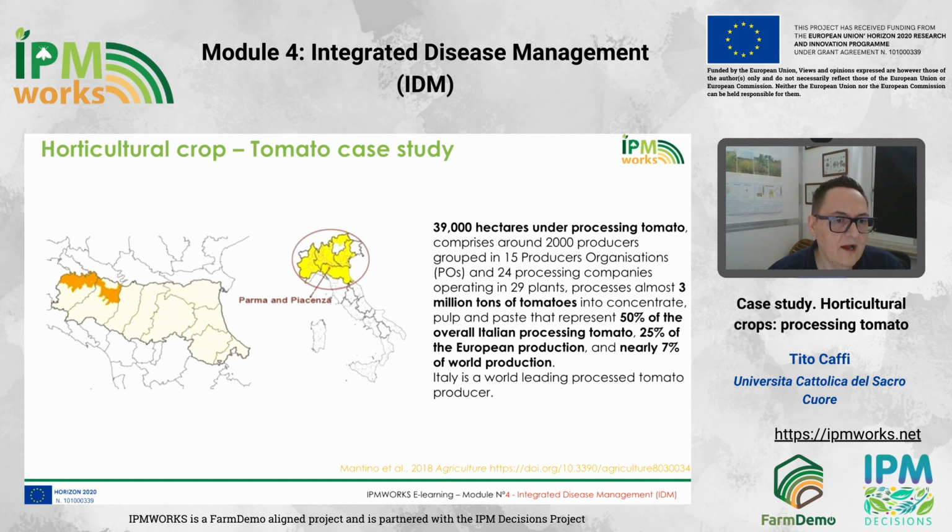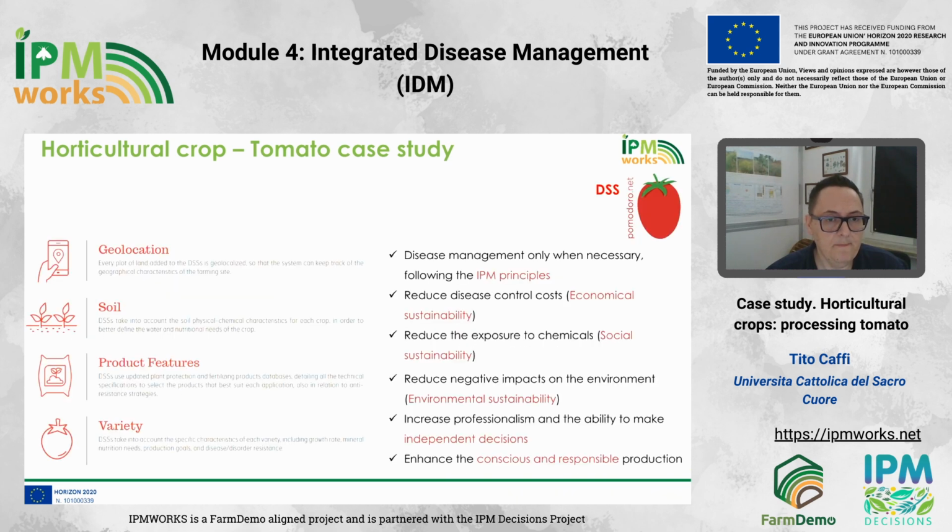So we have a huge focus on this crop, and of course it is quite relevant to manage it properly and implement IPM in a proper way in this crop.